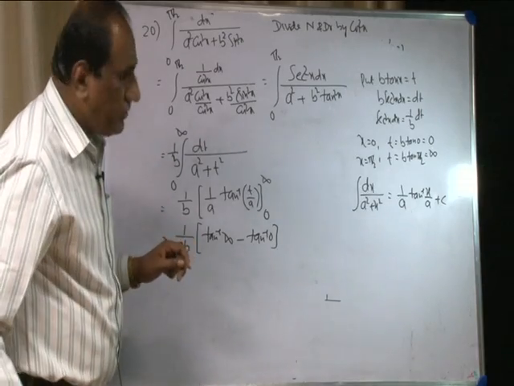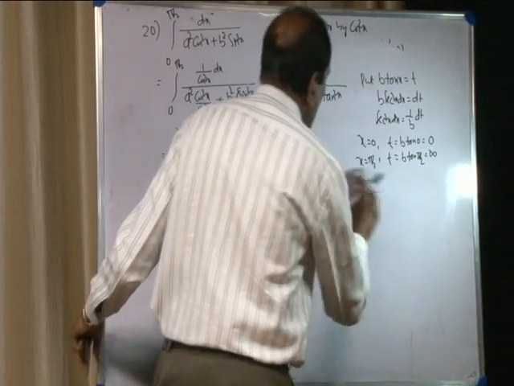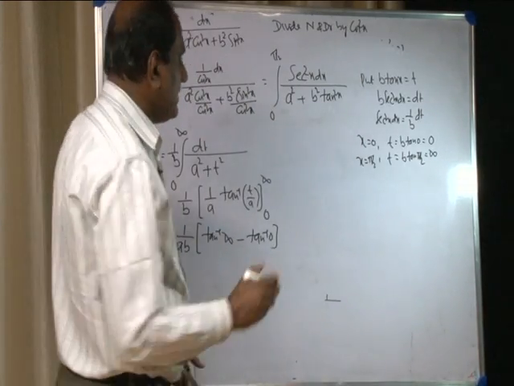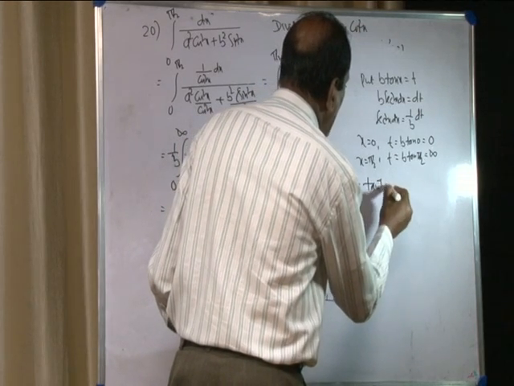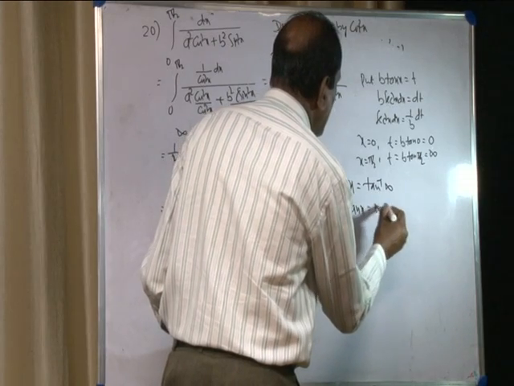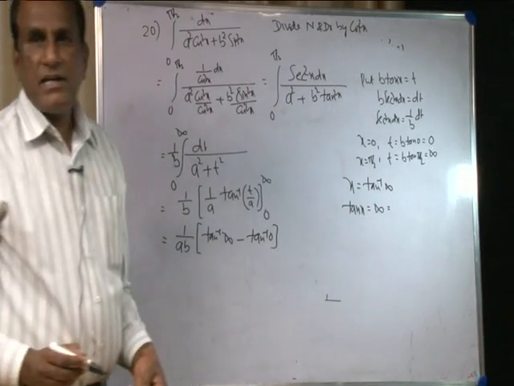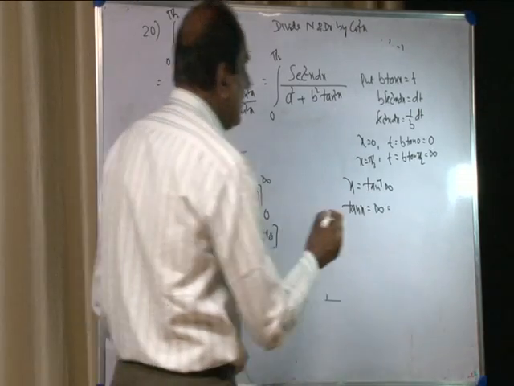See here, I am going to explain what is tan inverse infinity. So, x is equal to tan inverse infinity, or we can write tan x is equal to infinity. Which angle corresponds to infinity in the tan function? That is tan 90.